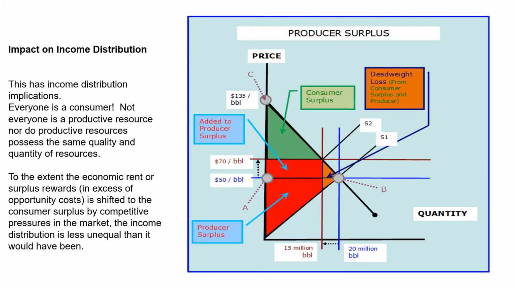So this graph represents what we had talked about in the previous slide, if you will. And again, this is indicative of the producer surplus, where the consumer surplus is in the green shaded area, and the producer surplus is the red area. By shifting the supply curve from S1 to S2, reducing supply in effect, the firm, or in this case OPEC, for example, is able to what?